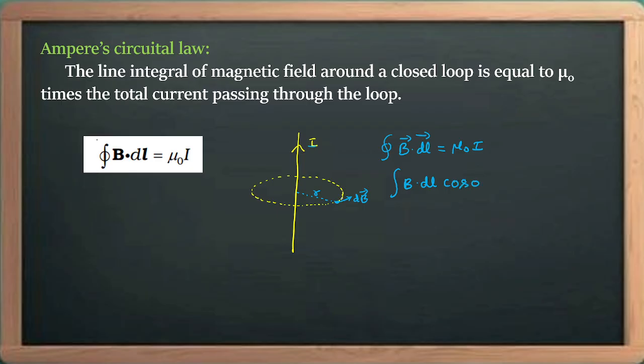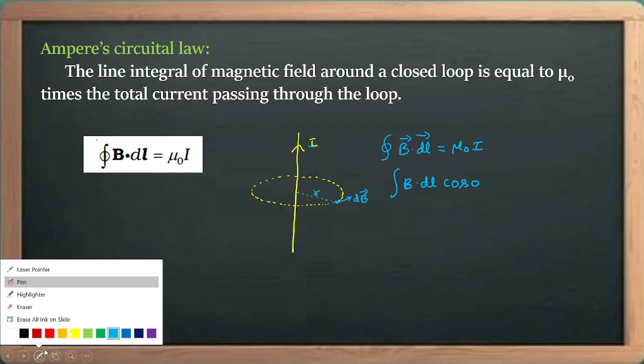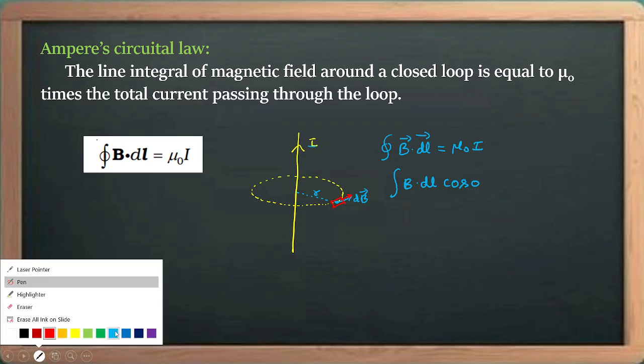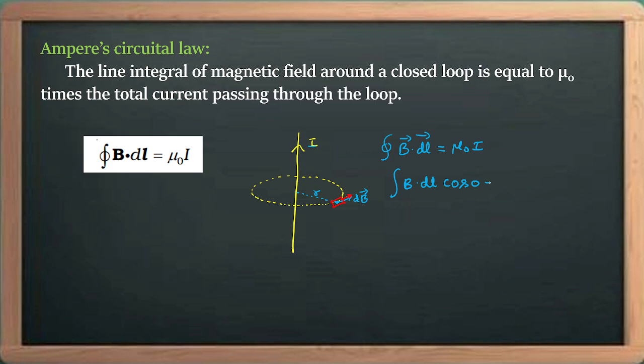What is dl here? dl is the length element along this wire. You can consider the small length element here, which is also directed in the same direction, so theta is 0. Therefore, that is equal to mu naught times current enclosed.